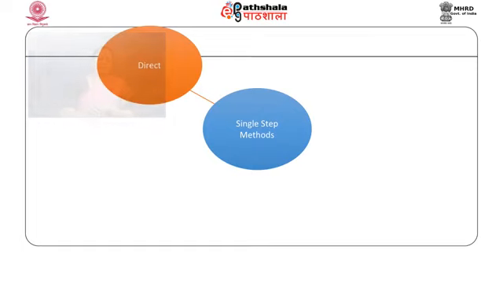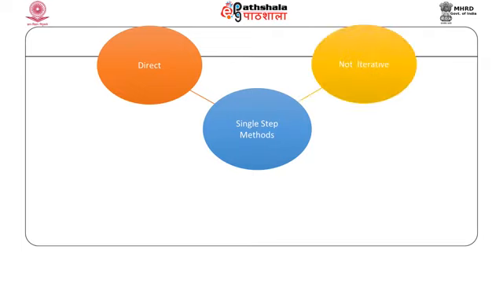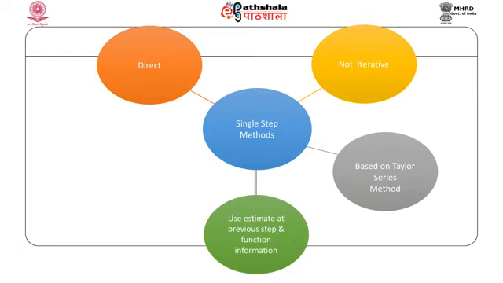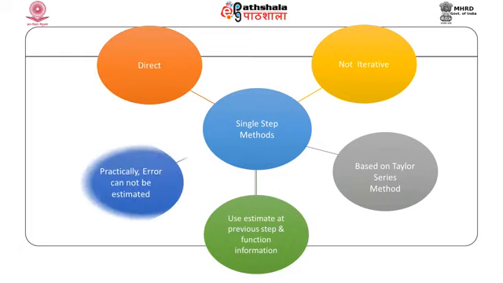The single step methods have the characteristic that they are direct methods, meaning you have a formula where you substitute the values and you get the values. So, they are not iterative in nature, you apply once and you get the estimate. As a result of their directness, you cannot estimate the accuracy in them, because there is no idea.